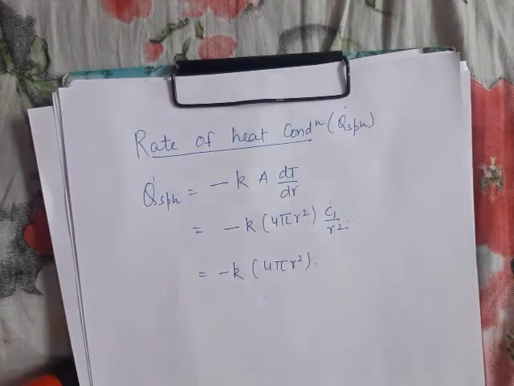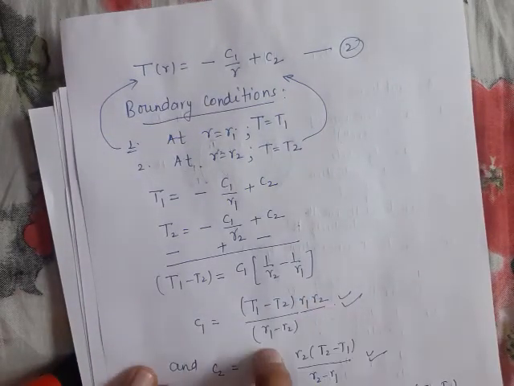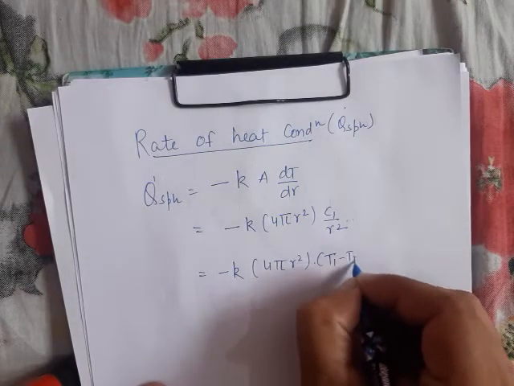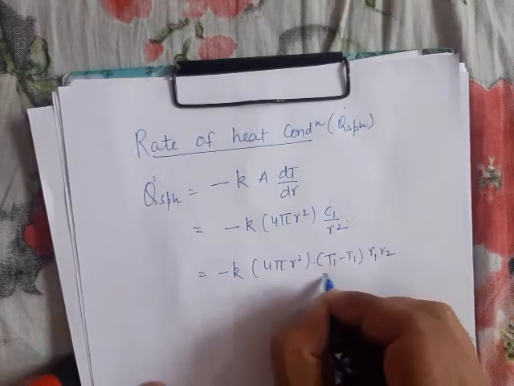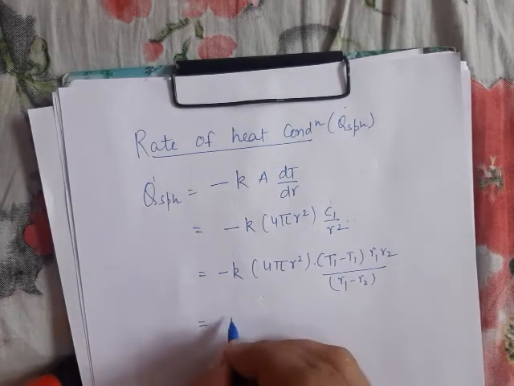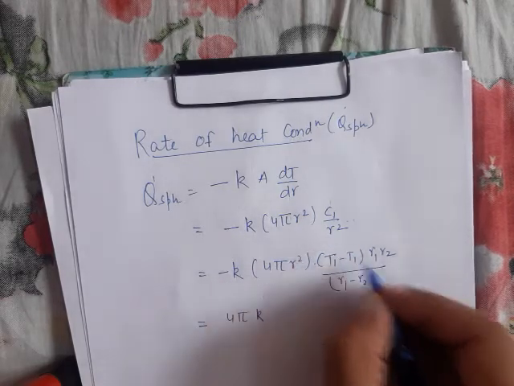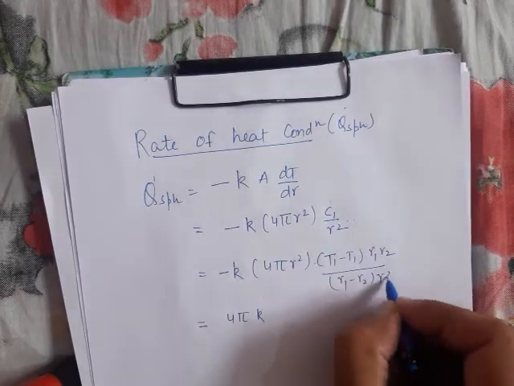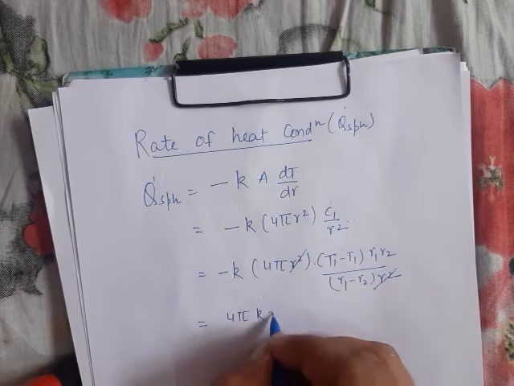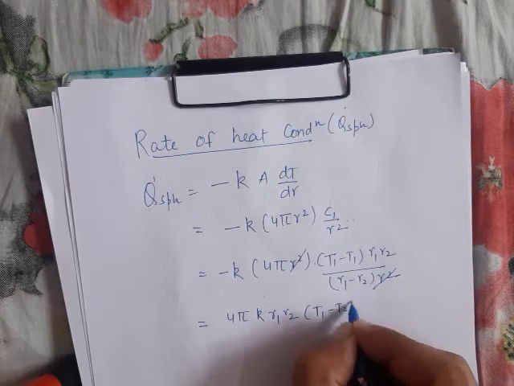What is the value of C1? Here it is: (T1 minus T2) R1 R2 upon R1 minus R2. So now this equation can be written as 4 pi k, and this is C1 upon r squared as well, so r squared and r squared cancel out. We have 4 pi k R1 R2 (T1 minus T2).